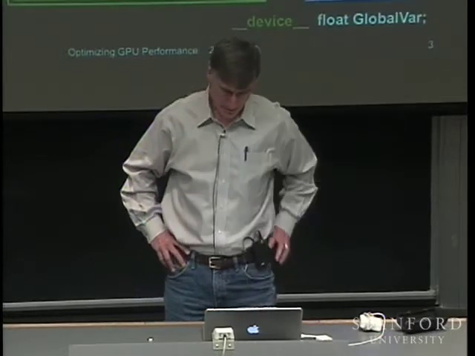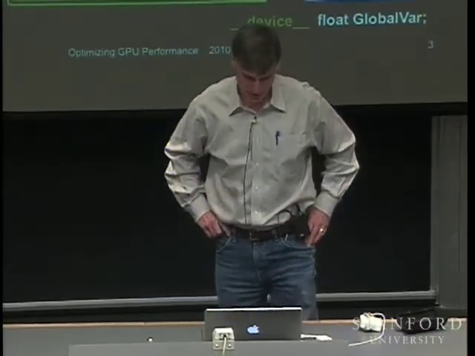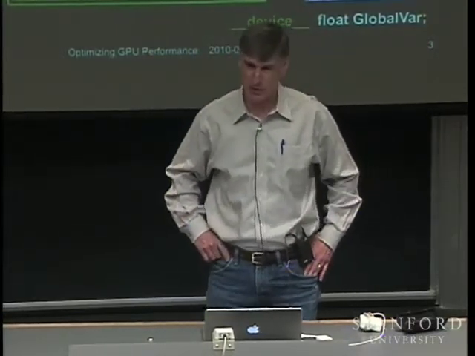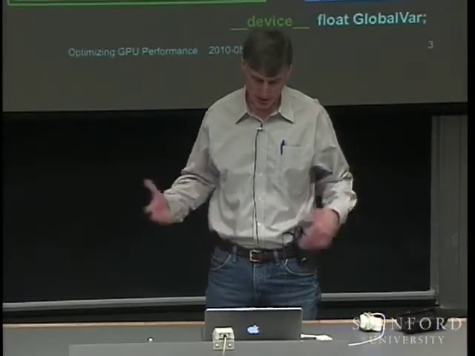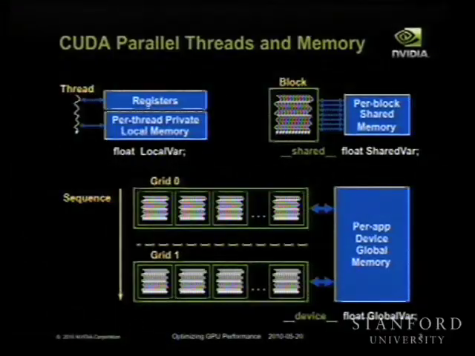Okay. If you recall, the course earlier went over the programming model for CUDA, but let me step back and talk about the three different levels of parallelism scope. Of course, we have individual threads, and then we have thread blocks, which are arrays of threads that cooperate.